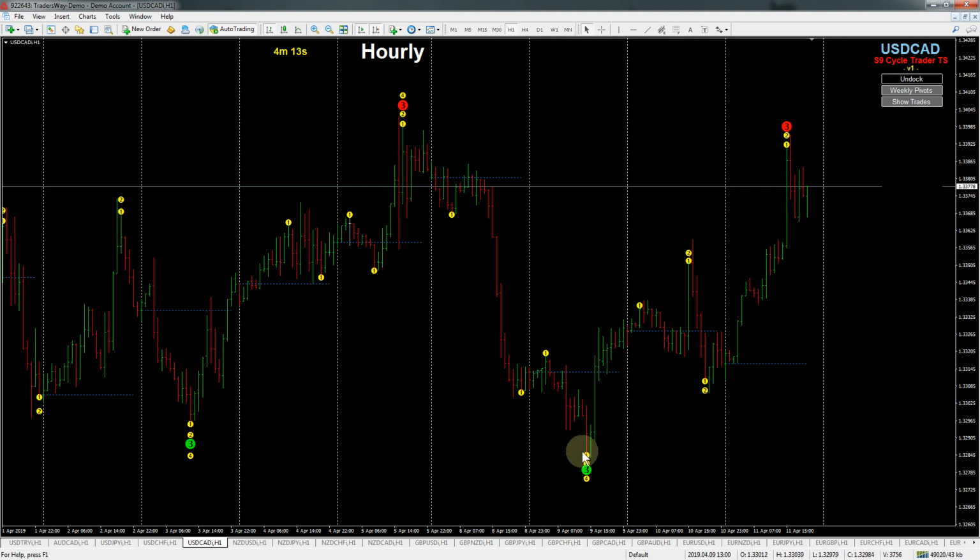Like this here, this could have painted up here, and you could have entered a long trade up here, and then as it goes down here, it will keep adding on. And one thing about using the Marty, as it adds on bigger lot sizes as it's down here, once it starts going into recovery up this way, it's going to recover much faster than, say, if you didn't use Marty.